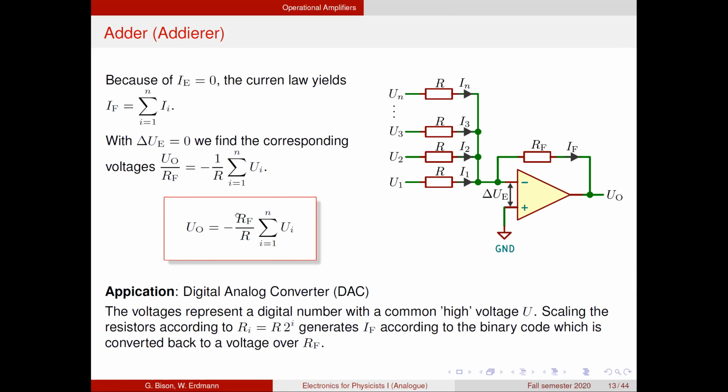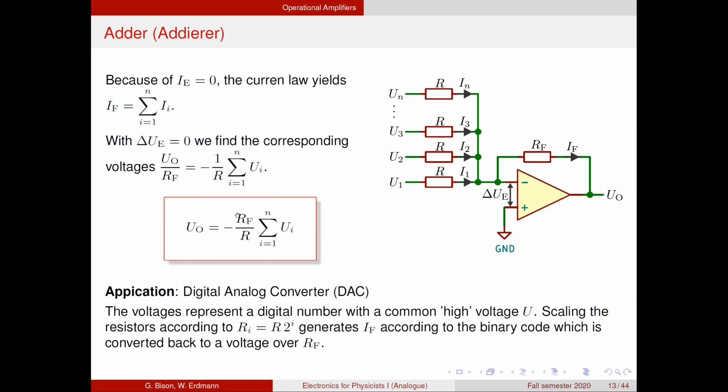One important application of this amplifier is digital to analog converters. So what you want to do there is convert a numerical number that is represented as digital values to an analog voltage.